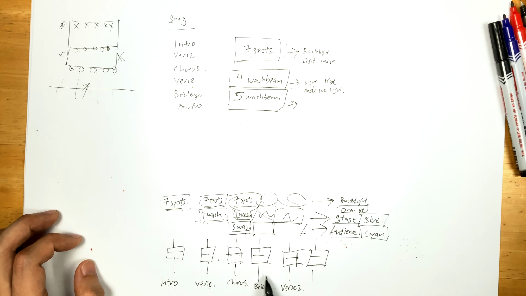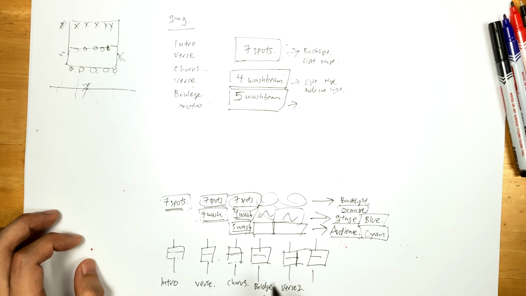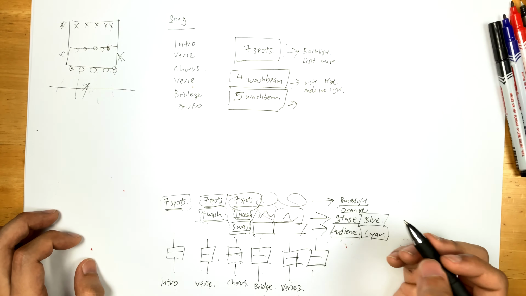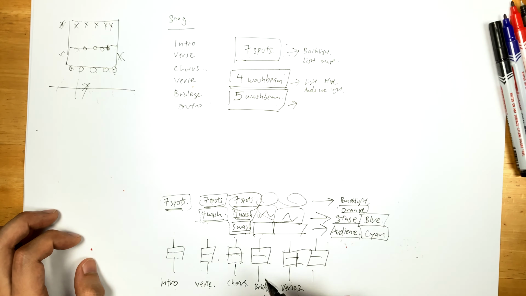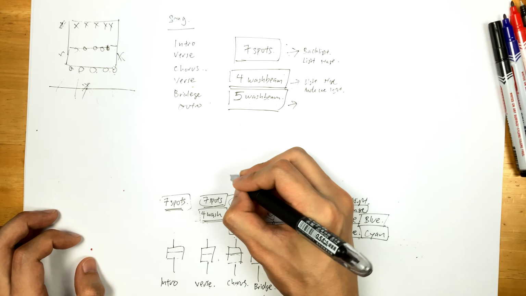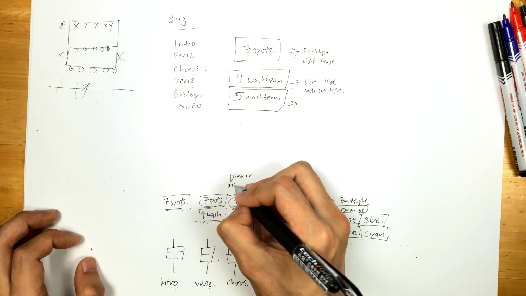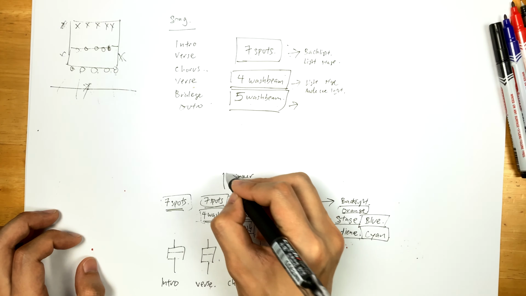And then we are left with the bridge and the verse. So for our bridge and the verse, what else can we do? In fact, for our chorus, let's give it an extra punch. Let's give it maybe this dimmer spread, or actually nowadays I like to use a dimmer stroke.